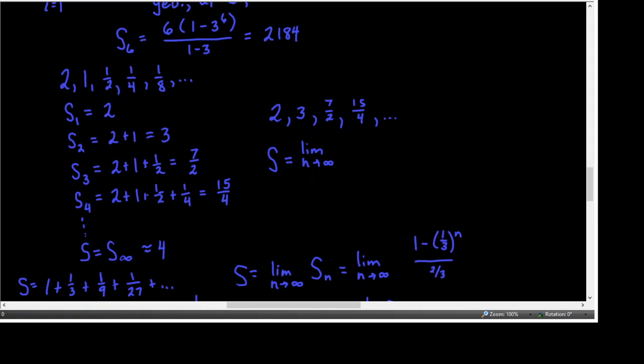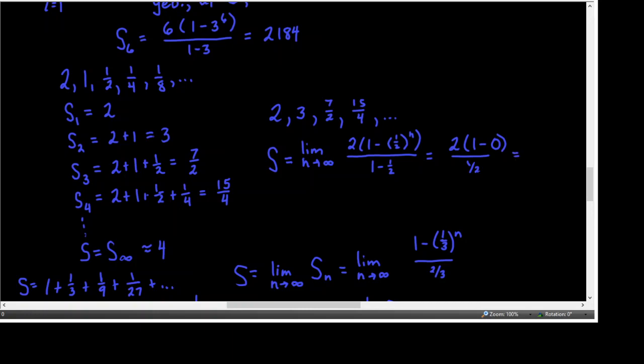So the S sub n formula in this one is, first term is 2 times 1 minus r, which was 1/2, raised to the nth, all over 1 minus 1/2. 1/2 repeatedly multiplied by itself is going to head towards 0, like 1/3 did as well.